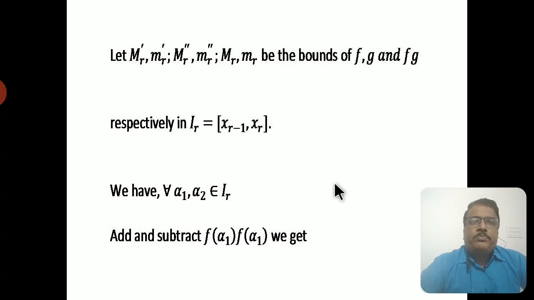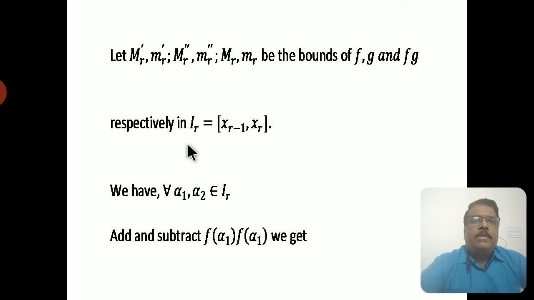So when we consider a set, there may exist lower and upper bounds. Now let capital M_r' and small m_r' be the upper and lower bounds of the function f.